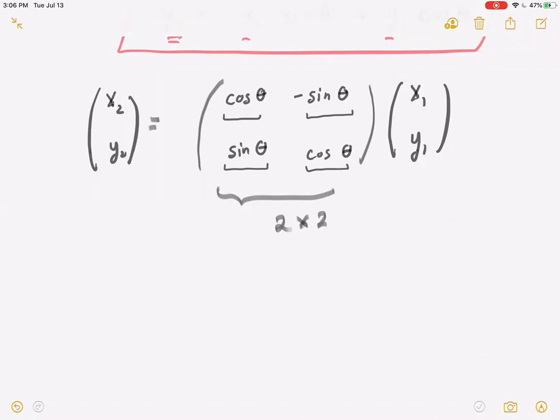So this matrix is what we'll call the rotation matrix. And it clearly depends upon theta. And it does exactly what we want it to do.